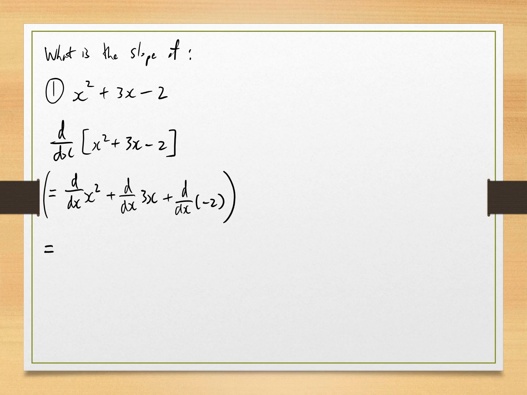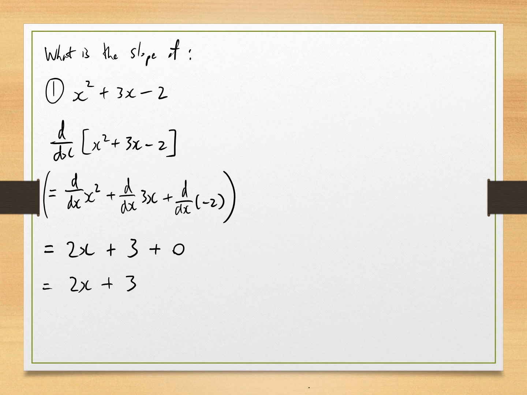In the first term, you use the power rule and it equals 2x. In the second term you use the constant multiple rule, and you have 3 times d/dx of x. Then you apply the power rule again. And then the last one is the derivative of a constant function, so that's just 0, right? So it's just 2x plus 3.